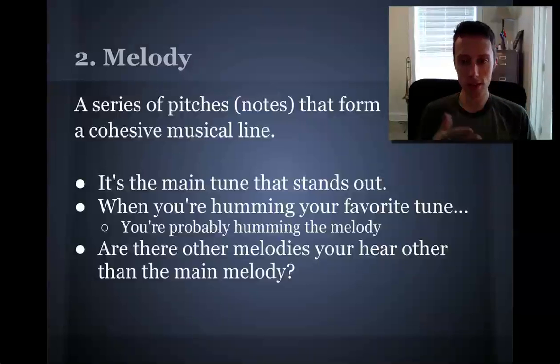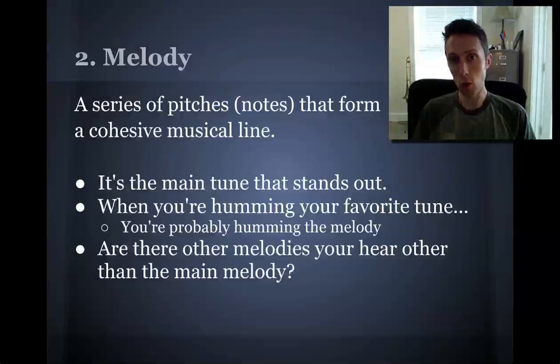So melody is that thing that stands out as the tune. Something to consider with melody is that there's the primary melody, usually, in a piece of music, but there are almost always other melodies going on. So what do they sound like? How do they interplay with the primary melody, and how does that affect the piece of music as a whole? So there you go, melody.